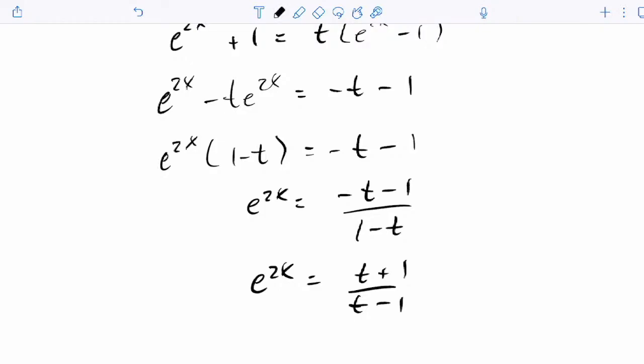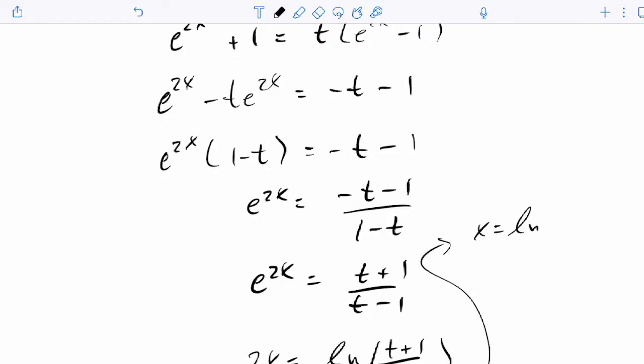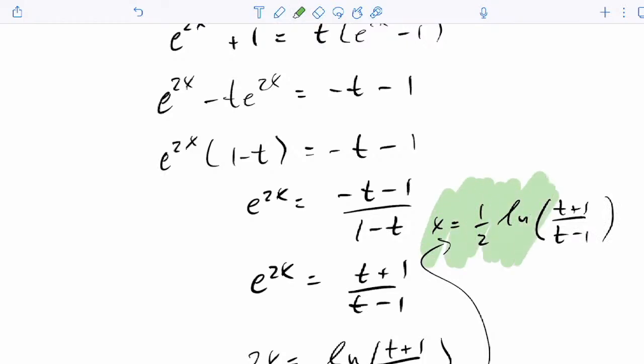So same trick: you want to solve for x, take the ln of both sides. You get 2x is the ln of t plus 1 over t minus 1, and then just solve for x. If you divide by 2, you get 1/2 the ln of t plus 1 over t minus 1. And we're done.